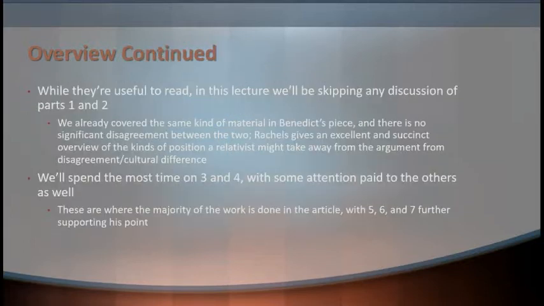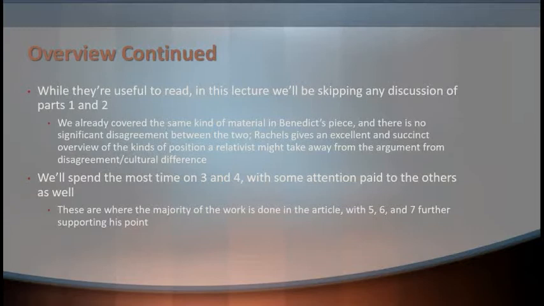So while some of these parts are very useful to read, and you should go and do the readings, in this lecture, we'll be skipping any discussion about parts 1 and 2. Essentially, they just recap the same kind of material that was in Benedict's piece. And while there's no significant disagreement between the two, I don't see a lot of point in going back into it.